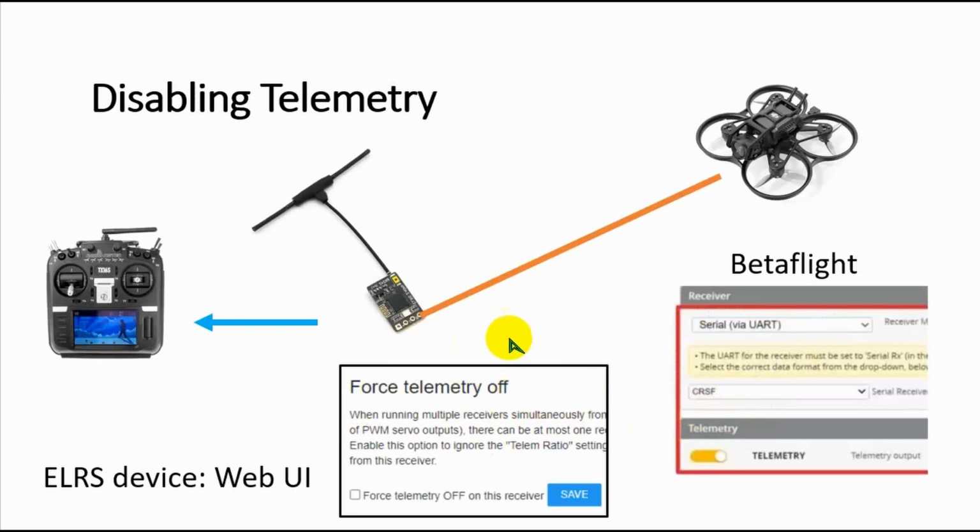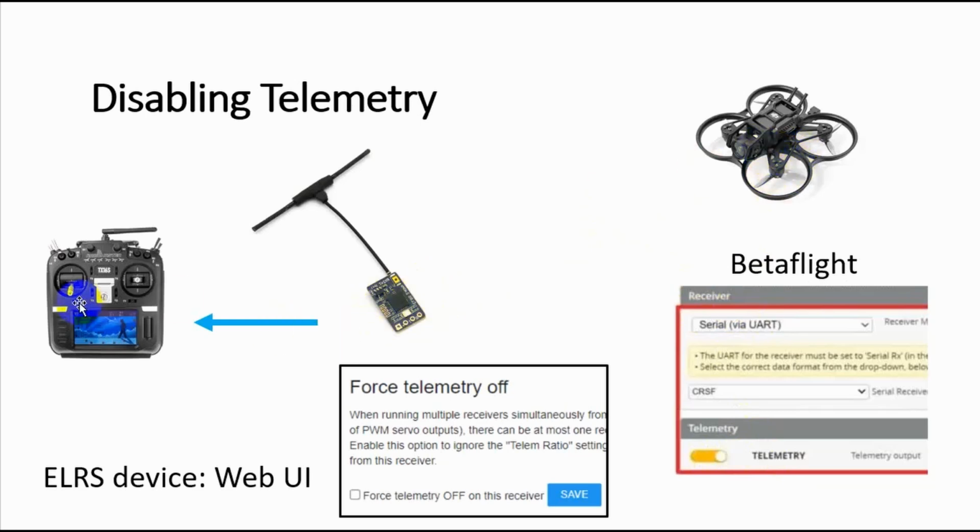So for example, if you turn on your whole system and it works well, but you do not see the battery value in telemetry, then probably in Betaflight, in the configuration of the transmitter, telemetry might be disabled. In this case we don't have this connection, and neither battery nor GPS will be sent.